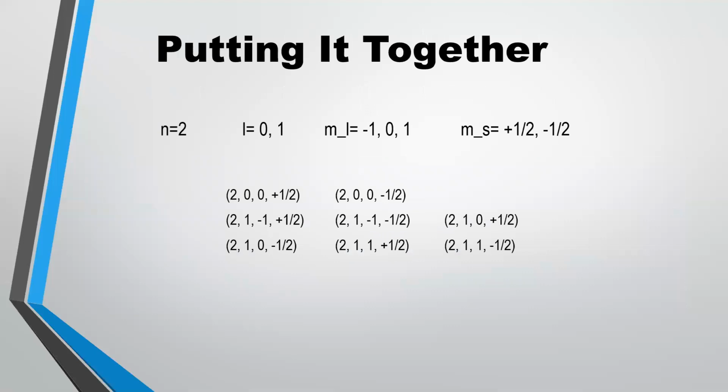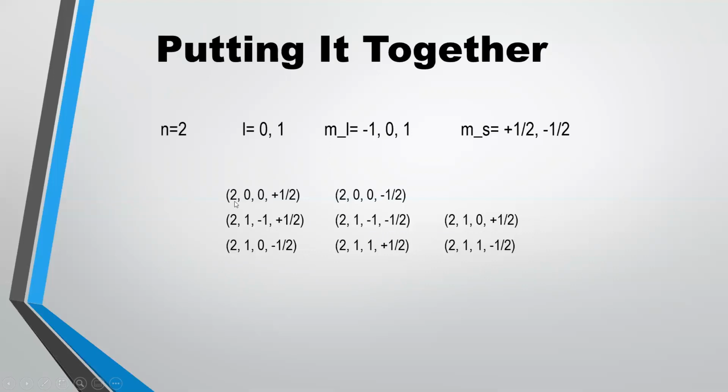So first off, if we look in the center of the screen, we can see these sets of numbers kind of look like coordinates that you might see for a graph, except with more integers. I'm going to briefly explain what each of these numbers in this set are, and then I will explain what this means for the Pauli exclusion principle.